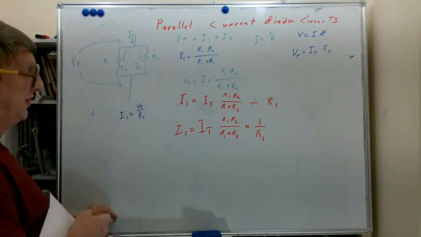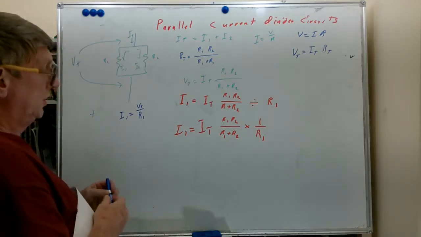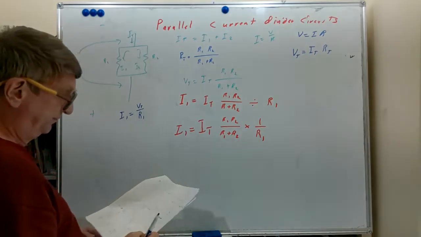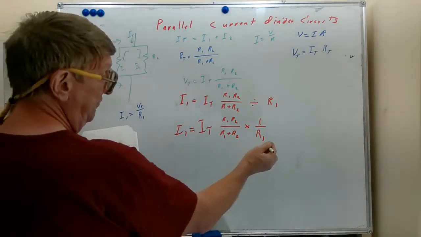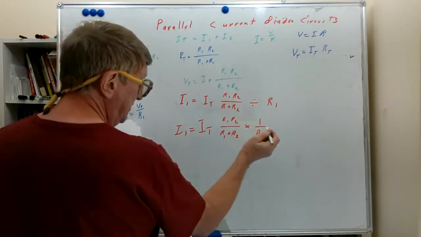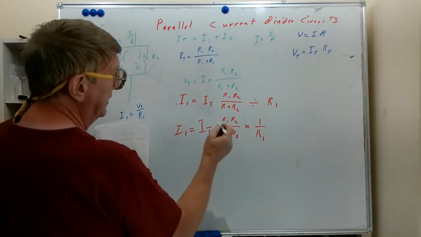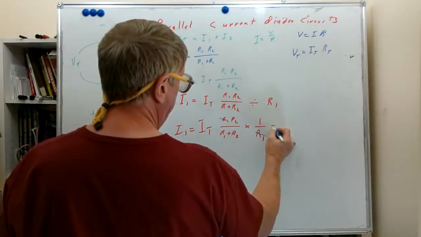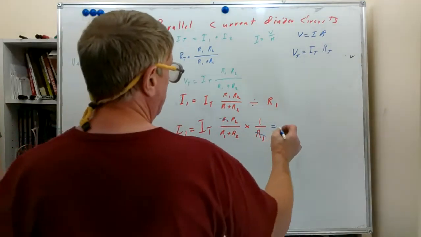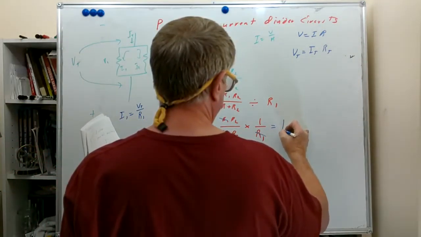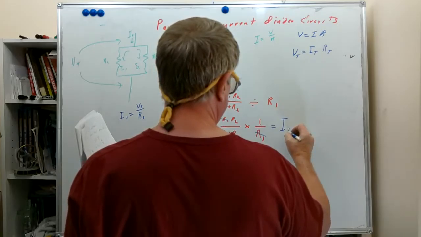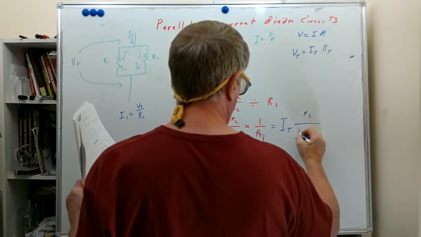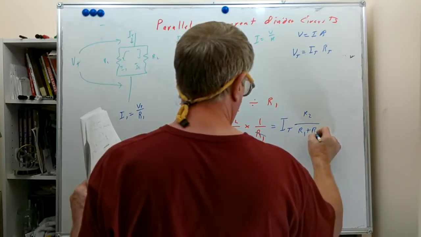Now what do you notice here? In this expression, we have a factor of R1 in the denominator and in the numerator, so we can cancel those two factors. So this comes down to It times R2 over R1 plus R2.